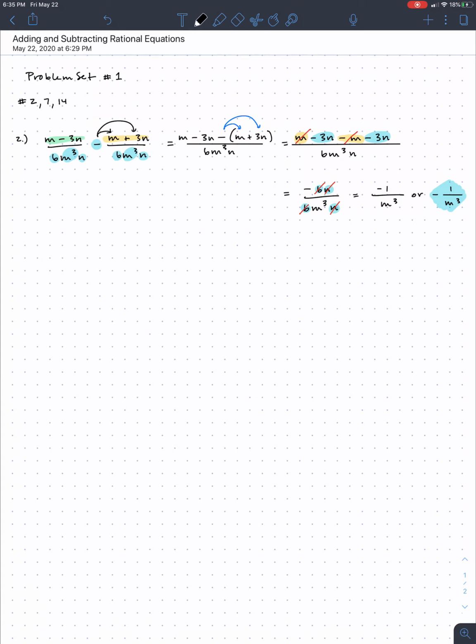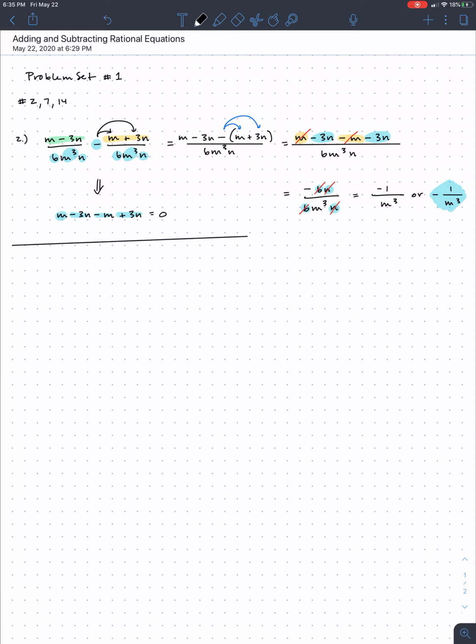If we had done that, we would have gotten something like m minus 3n minus m plus 3n. And if I look at that, I have m minus m, and I have negative 3n plus 3n. This would have just given us 0. So that's not right. We want to make sure that we distribute the negative.